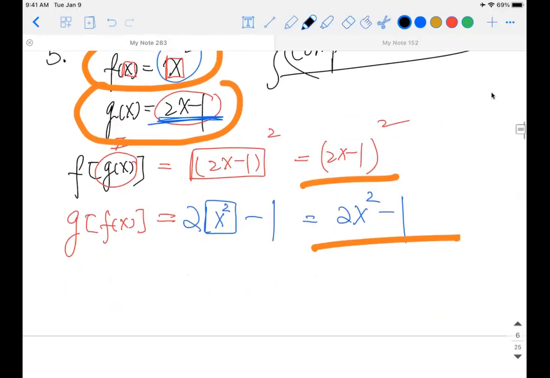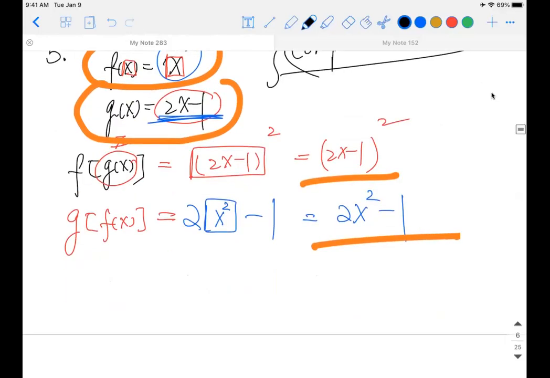So it is possible we might have another h(x). You can have f(g(h(x))), you can name a few, and do all different kinds of combinations. As long as you can compose a function using multiple functions, we will say this is a composite function.